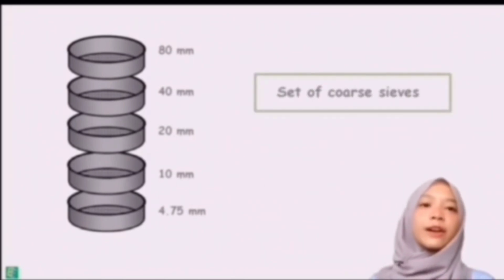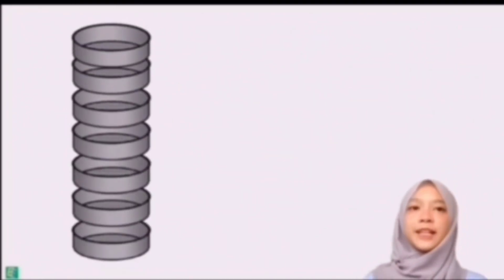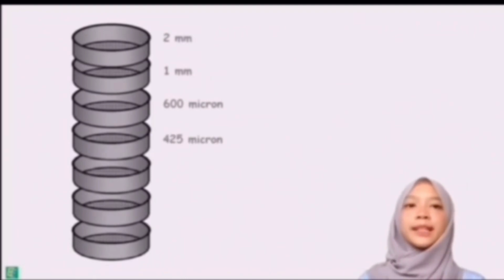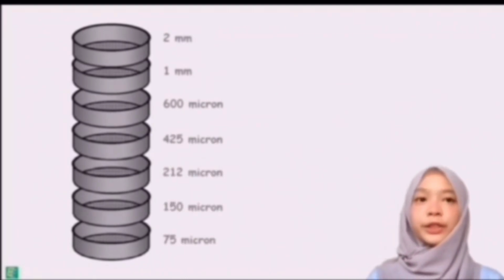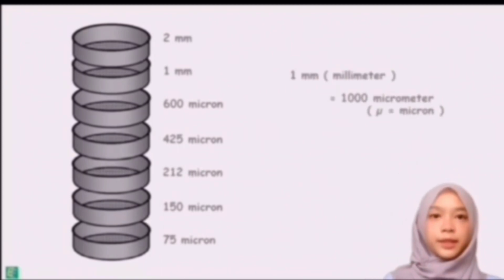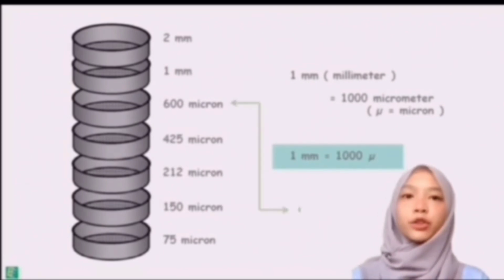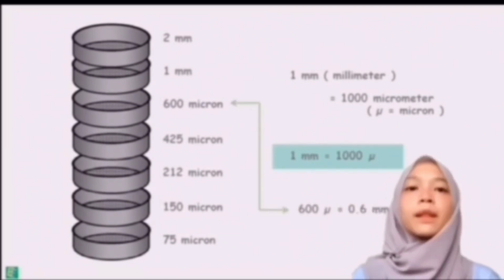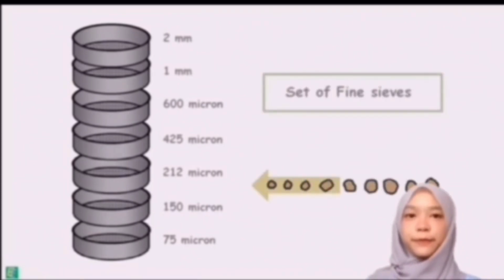This set is called the set of coarse sieves. The second set of sieves, for the sand fraction, has sizes 2 mm, 1 mm, 600 micron, 212 micron, 150 micron and 75 micron. This set is called the set of fine sieves.